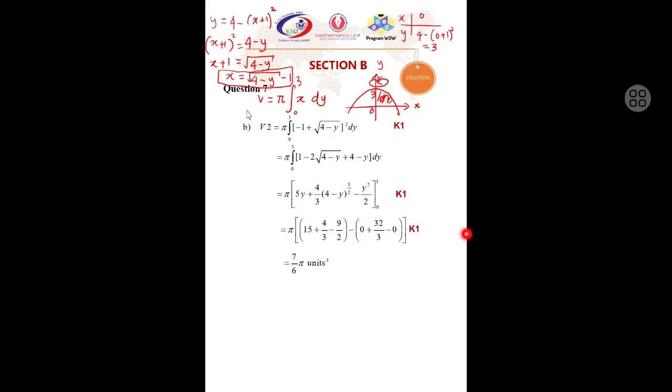Now we have found V1 and V2. We need to show that the ratio is 106 over 35. So just divide these two volumes. You will get 106 over 35. So you have shown that the ratio is the same as what the question wanted you to find. That is your answer.